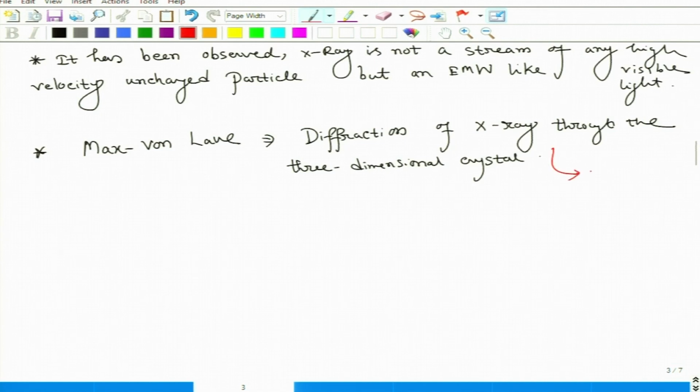This experimental result proves that X-ray was a wave. This is also one kind of experiment. There are several types of experiments which prove that X-ray is a wave.